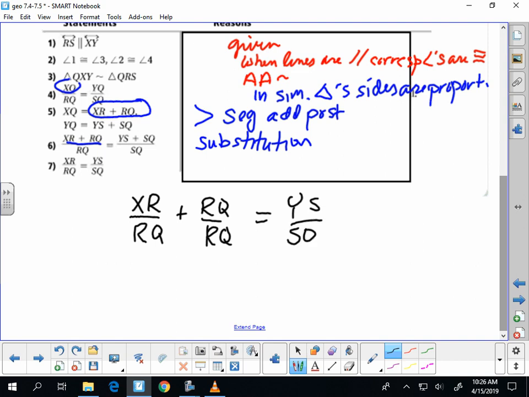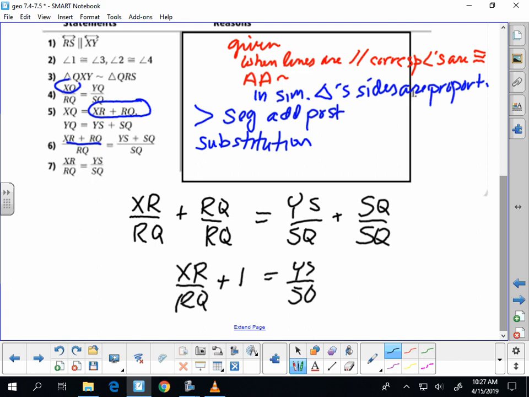I'm doing YS over SQ plus what? SQ over, what do I know about RQ over RQ? That's just 1, right? So I have this plus 1 equals YS over SQ plus what?